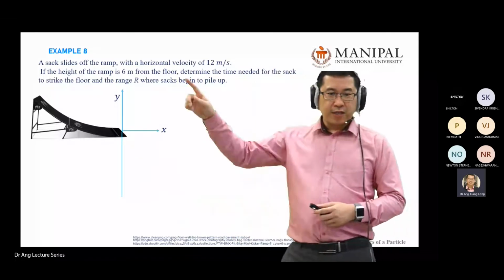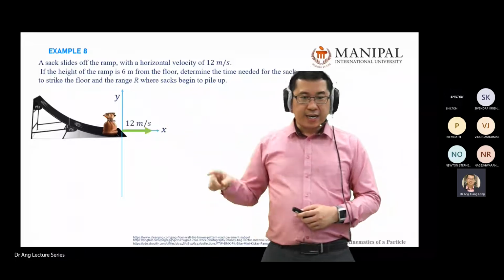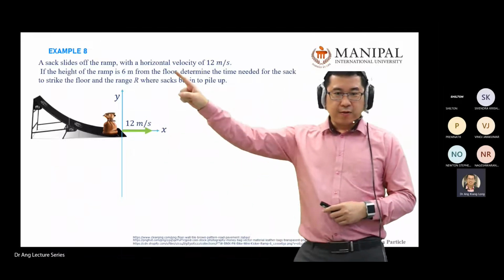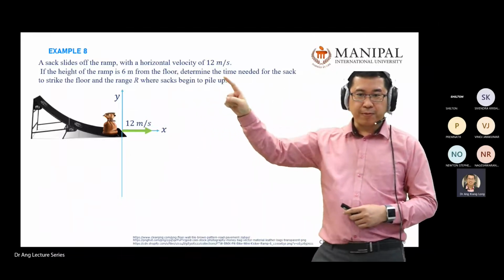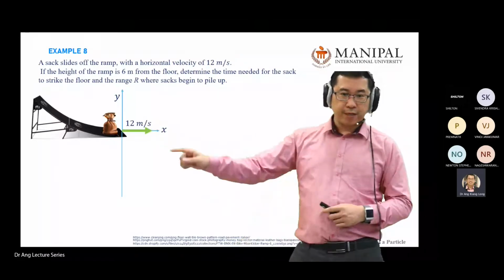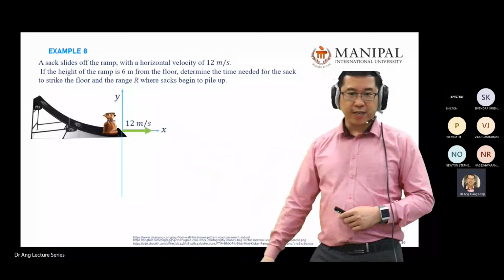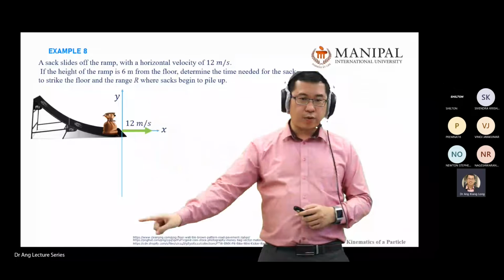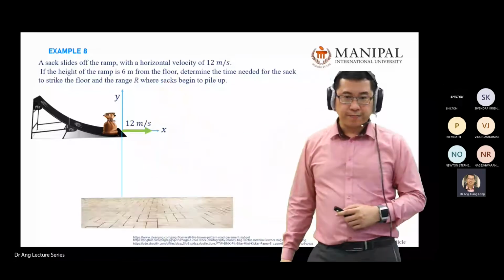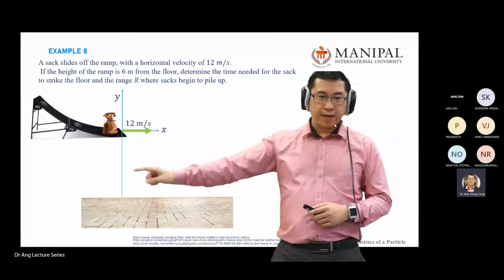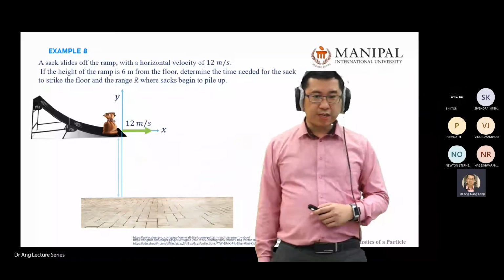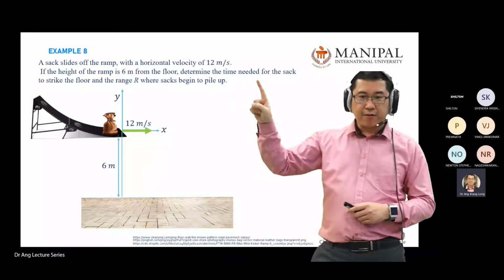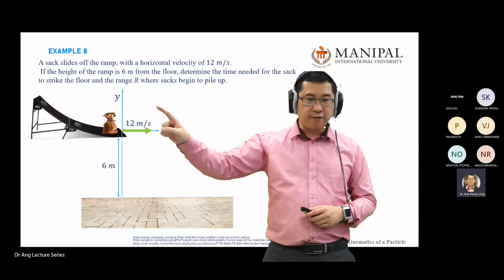So you have a sack that slides from the top and reaches here. This is your starting point, with a horizontal velocity of 12 meters per second. I draw the vector for you, and it's a horizontal velocity. The question asks: if the height of the ramp, from this point to the floor, is 6 meters, determine the time needed for the sack to strike the floor.